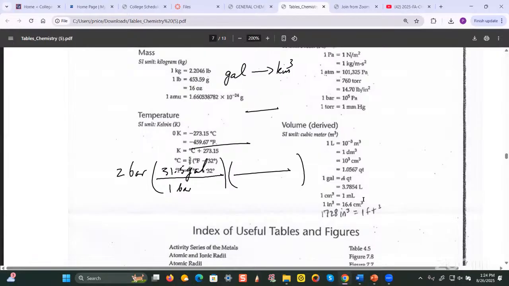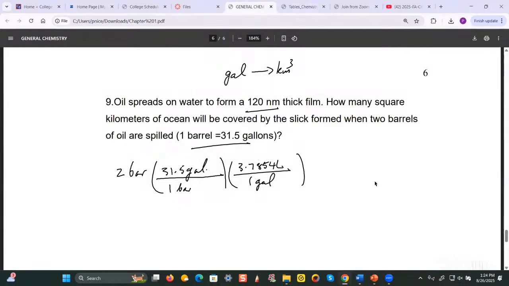So let me put that as a conversion factor: 1 gallon is equal to 3.7854 liters. So far, the barrel units cancel out, the gallon units cancel out, so we end up with the liters unit, right?